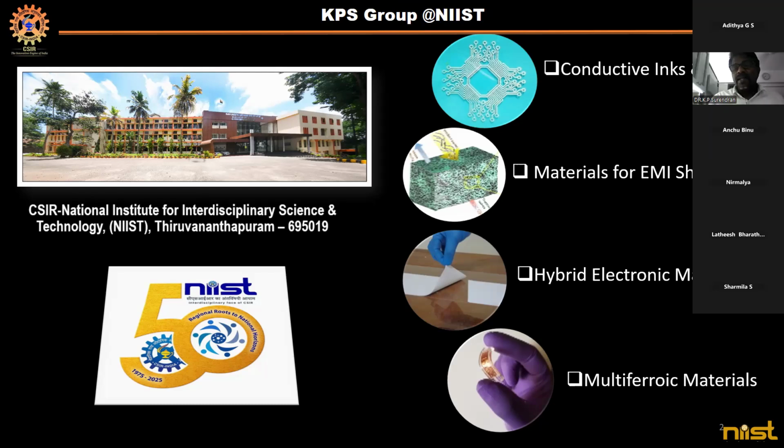And then we work on EMI shielding materials and devices. We develop materials to suppress the effects of electromagnetic interference caused by stray electronic and electrical circuits in a system, like in mobile phones, in laptops, in any electronic integrated chips and stuff like that.